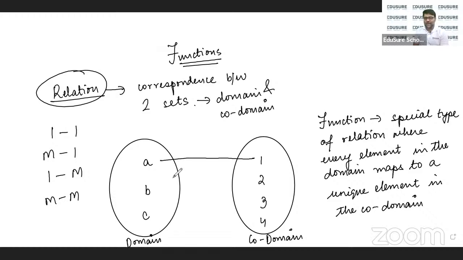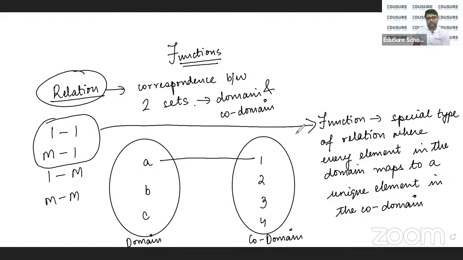Am I understandable? Am I clear? If I am, then please raise your hand. Therefore, you will be able to understand that only the mappings one-to-one and many-to-one are functions. All other mappings like one-to-many and many-to-many are only a relation, but not a function.